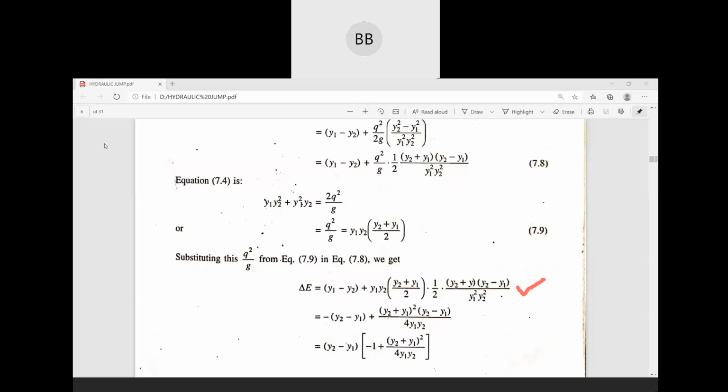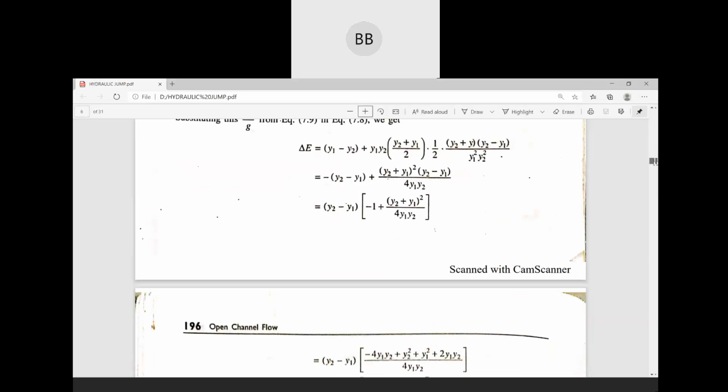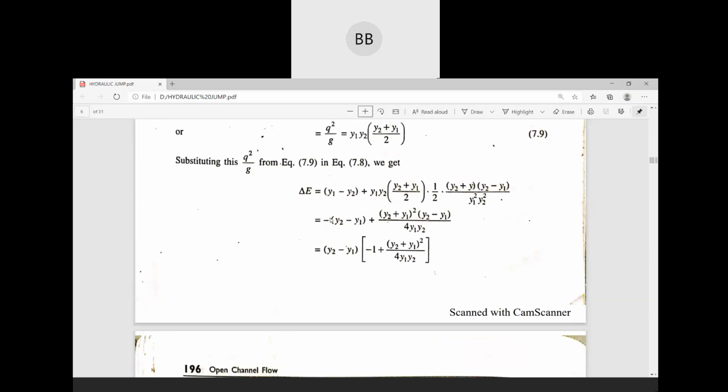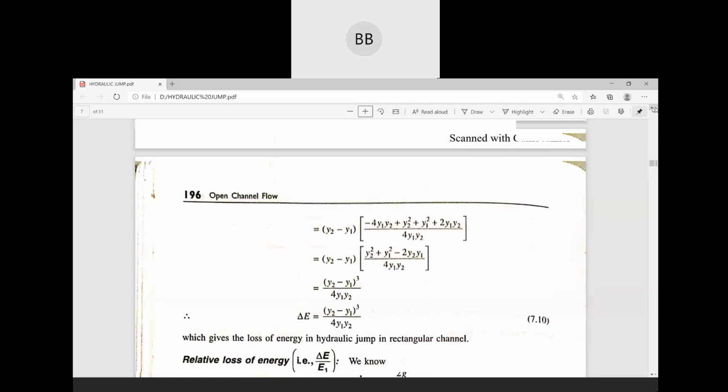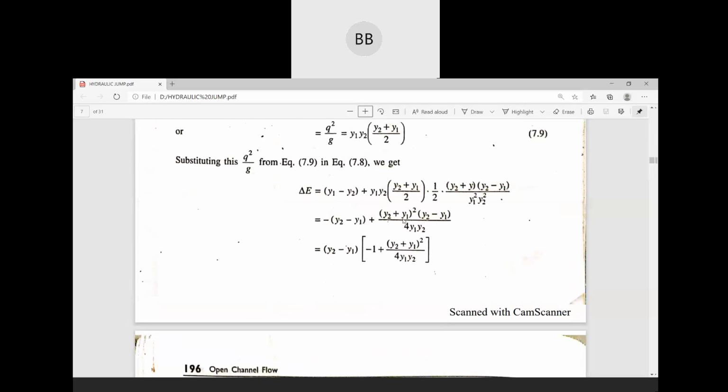Then you do further simplification. After that it's very simple. You just have to simplify and bring an expression for del E in terms of y1 and y2, because all the terms are y1 and y2 only.